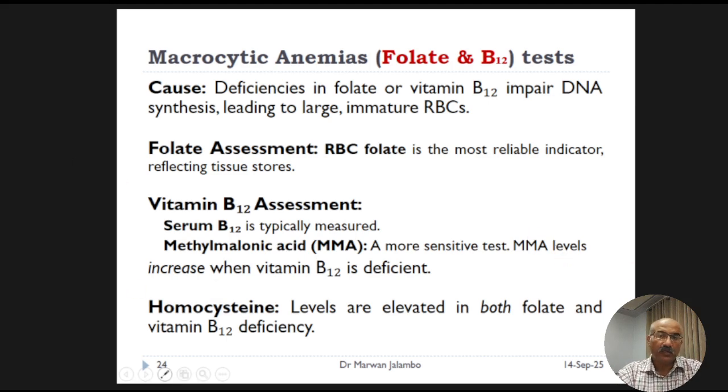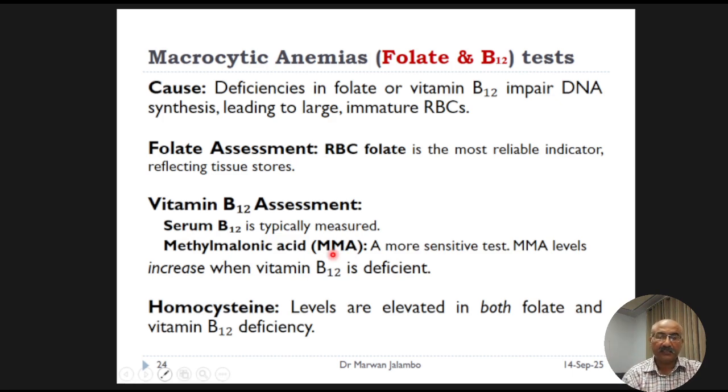For vitamin B12, we can measure the serum B12 level directly. However, a more sensitive and specific test is methylmalonic acid, or MMA. MMA is an intermediate in a metabolic pathway that requires vitamin B12. When B12 is deficient, this pathway is blocked and MMA level in the blood and urine increases.